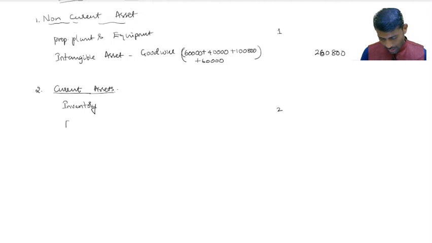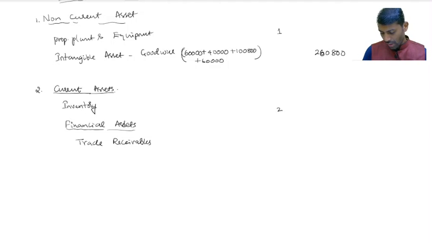Thereafter financial assets: trade receivables.